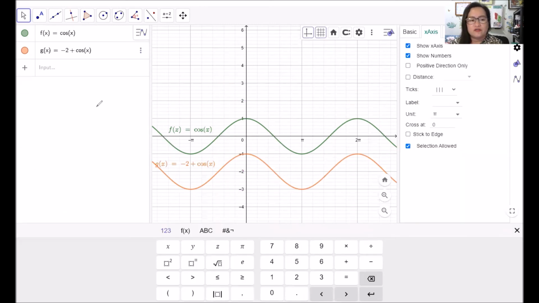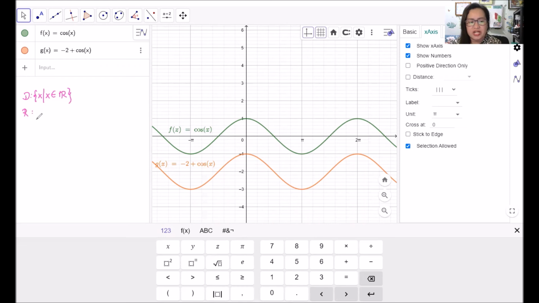Now, what if there will be a change in the value of b? If b is -2, take a look at the orange curve. It is 2 units below the cosine function. So the domain is the same. The domain is the set of all x's such that x is the set of real numbers.